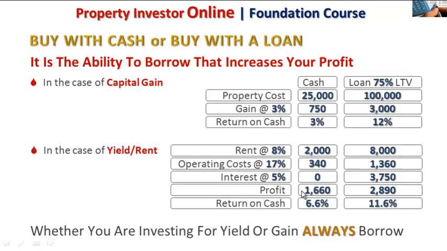So your profit is £2,000 less the £340 of operating costs, which you will have to pay whether you mortgage or not. These include letting and management fees, insurance, statutory checks and the like.